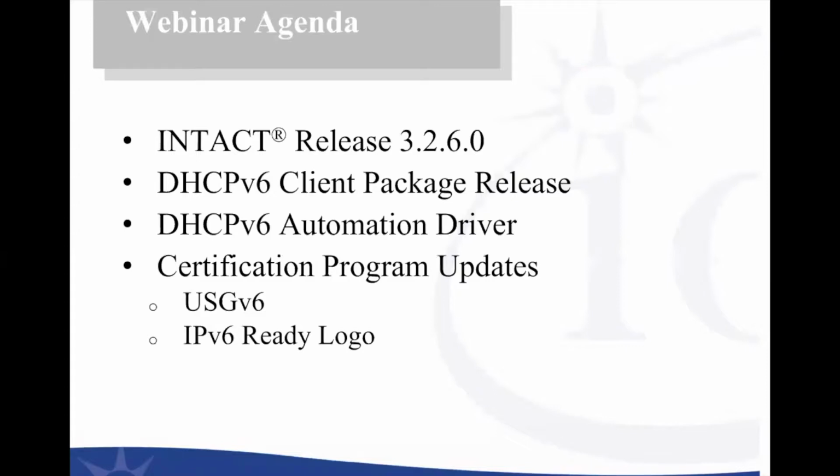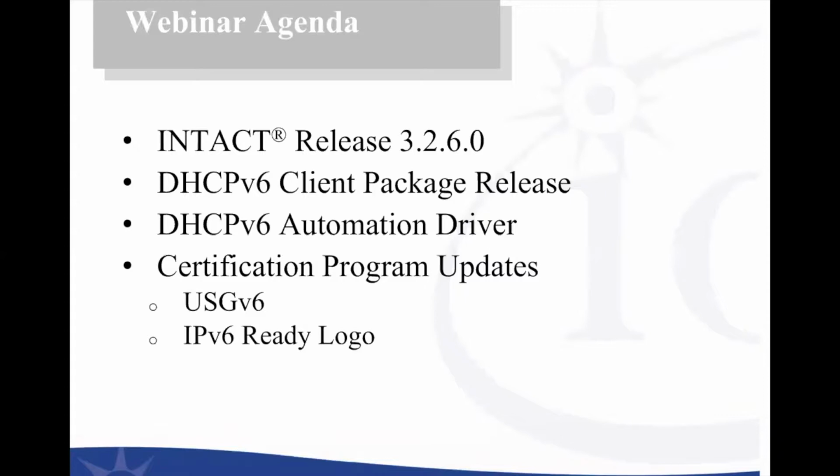Additionally, we'll review how you can automate your testing for DHCPv6 by writing a device driver. Lastly, we'll go over some of the certification program updates that you should be aware of as you proceed through testing. Timothy Winters will jump in on the DHCPv6 section, and I'll talk to you first about the INTACT updates. Again, feel free to ask questions at any time. Marion and Michaela will be collecting those, and we'll get to them in order.